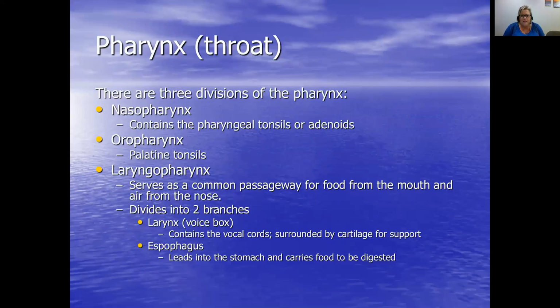And number 10 is the other branch, or the other division of the laryngopharynx, and that's the esophagus. And the esophagus leads to the stomach and carries food to be digested. Okay, so nasopharynx, oropharynx, and laryngopharynx are all divisions of the pharynx, or the throat.